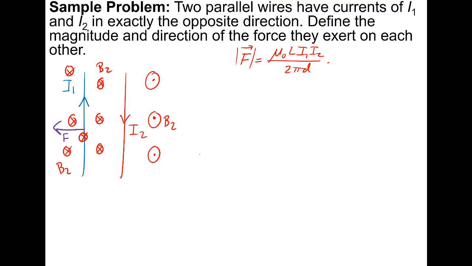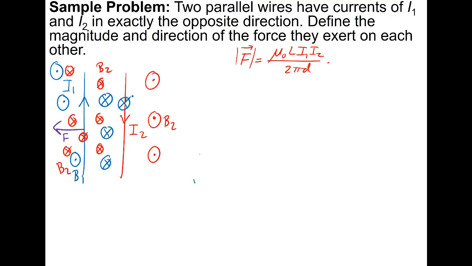But what about for I1? Well, I1 is going to produce a field that to its left is going to be coming out of the page. Remember, your thumb points up and you have to wrap your fingers around. So that's B1. And to its right, it'll produce a field that's going into the page.